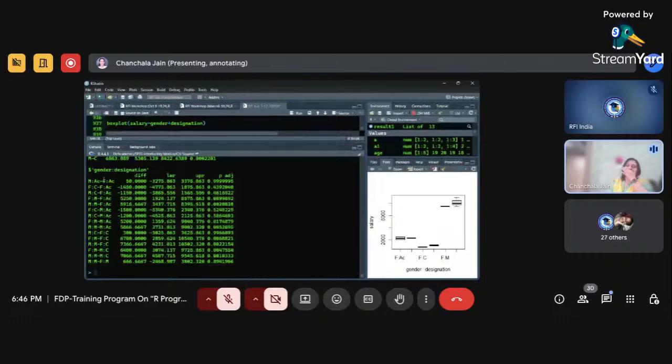So now you can see. I can say male accountant and female accountant salary is not significantly different, right? Female clerk and female accountant salary is not significantly different, meaning it has made all the combinations.